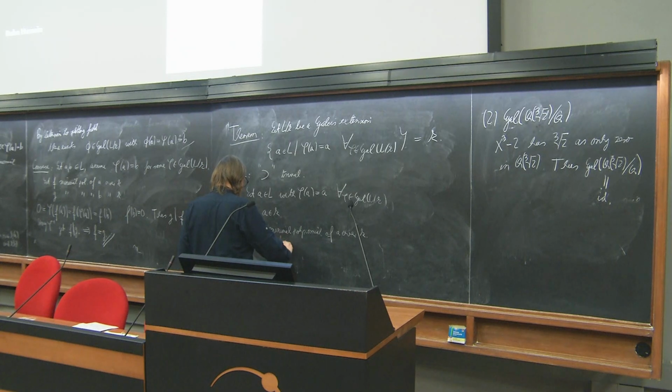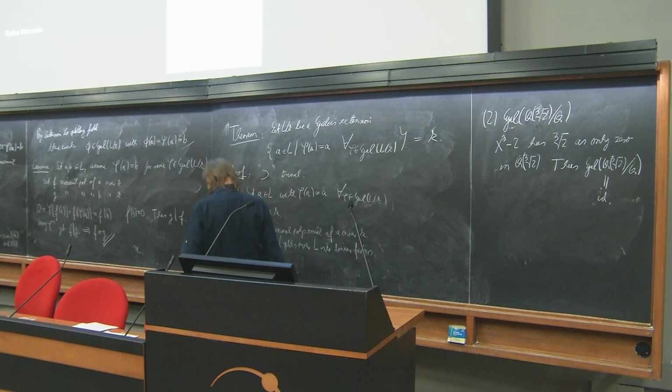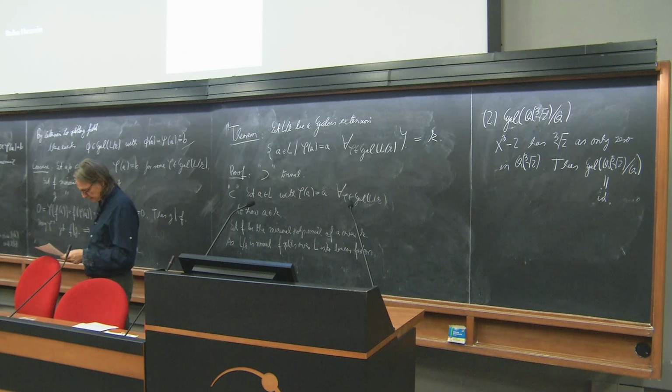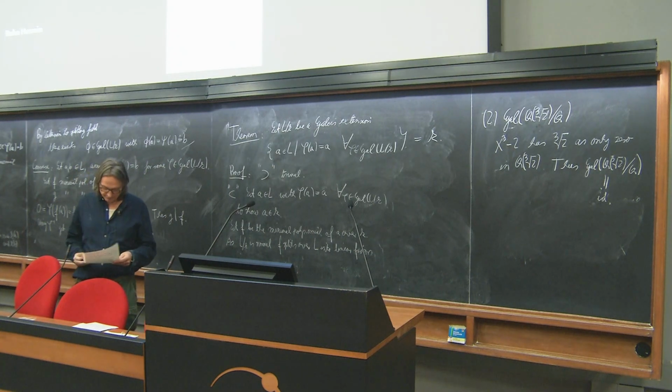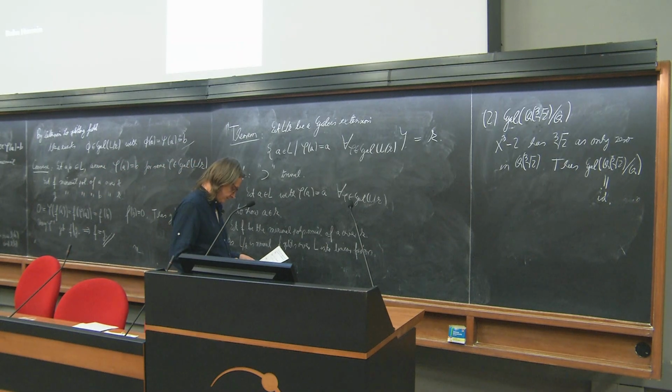So f splits over L into linear factors. And it also has no multiple zeros, but anyway, we don't need this now, maybe. Okay, so let's take another zero of this polynomial.